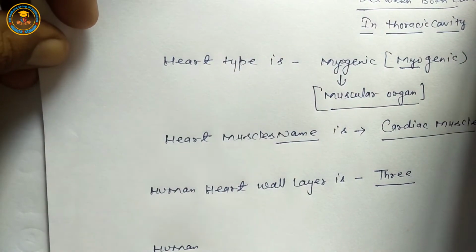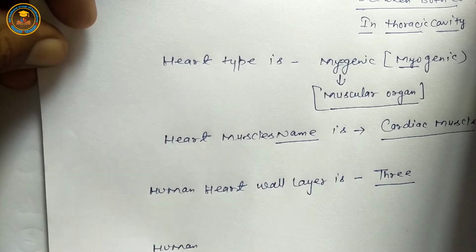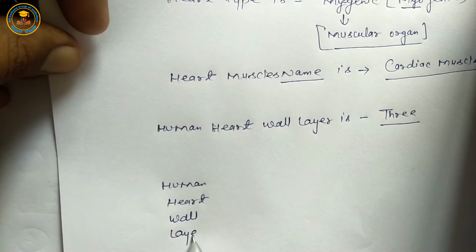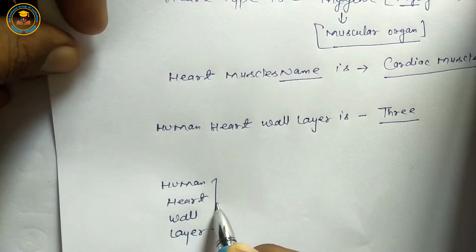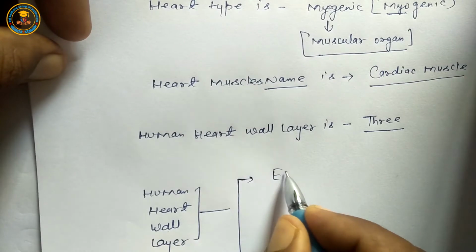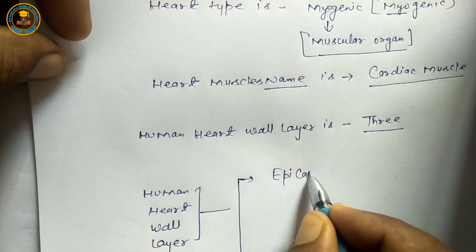Human heart wall layer is three. First is epicardium.